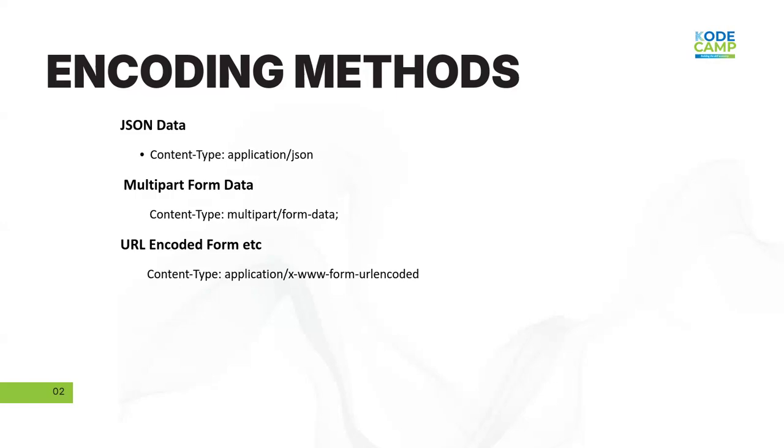But JSON data has a limitation, and that limitation is that you cannot send binaries. By binaries, I mean files. Things like images, documents, any type of file that is not textual data or something you cannot encode in JSON.